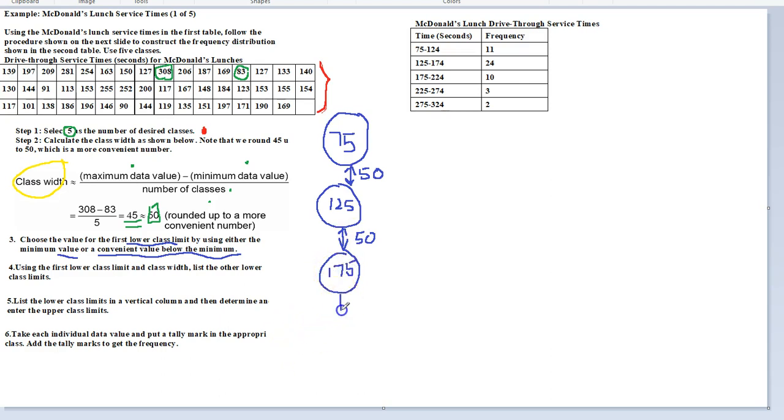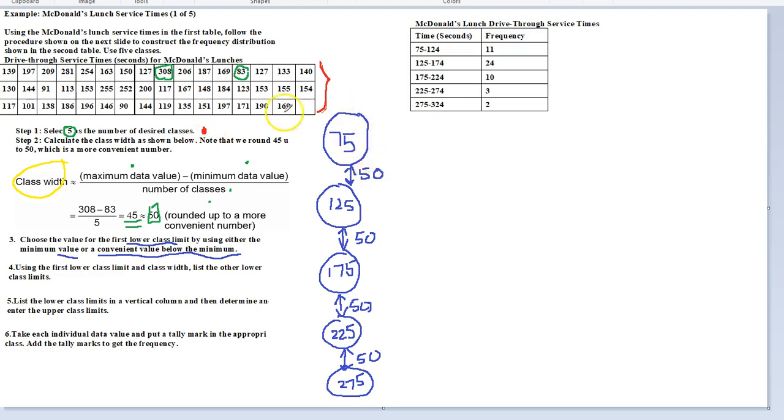Then you add another 50, you get 225, and so on. Remember, we have 5 classes, so this is a 4. The next one is going to be our last one here, so here's a 50, and then you get 275. So these are the lower limits, and the width from the previous one is always 50, because that's what we found. The reason is that we rounded up to a convenient number, because 45 and 50 is much better to deal with.